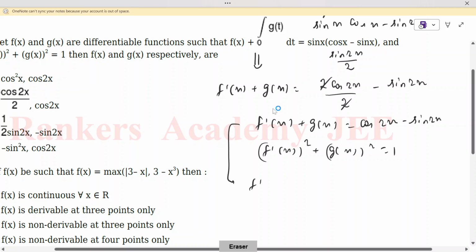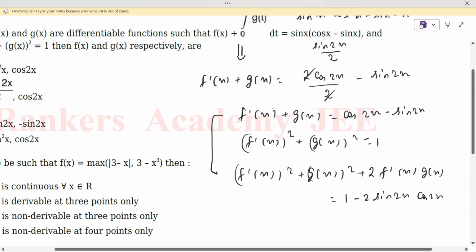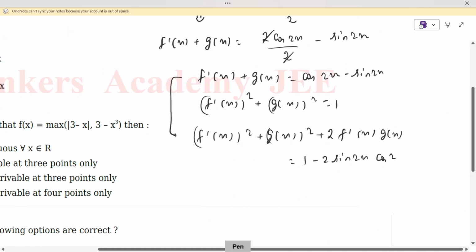So f dash x square plus gx square plus 2 f dash x into gx should be equal to 1 minus 2 sin 2x cos 2x. So now this will be 1 minus sin 4x, and this thing is 1.